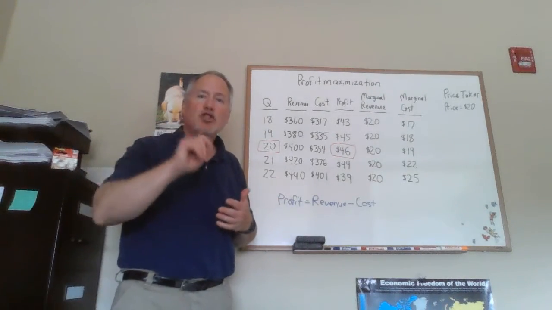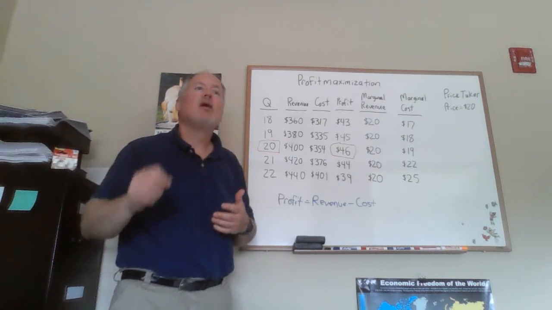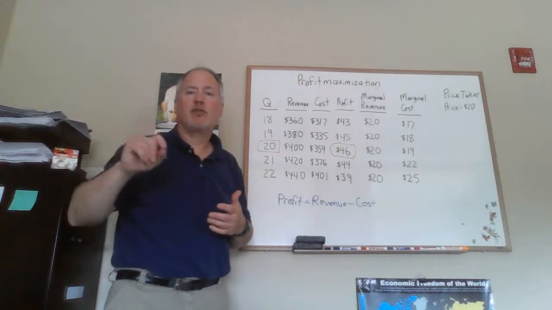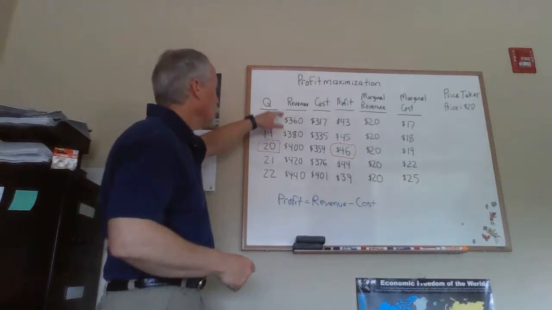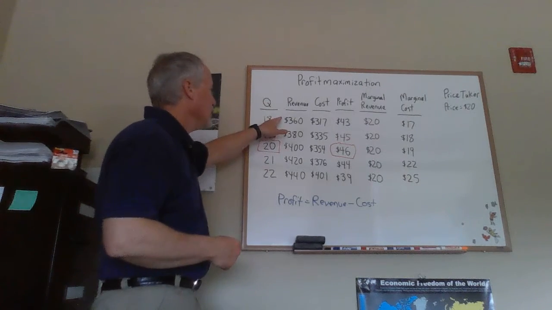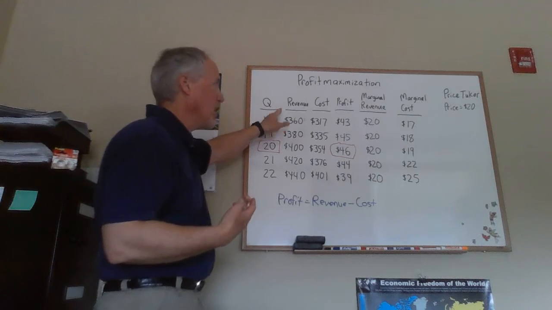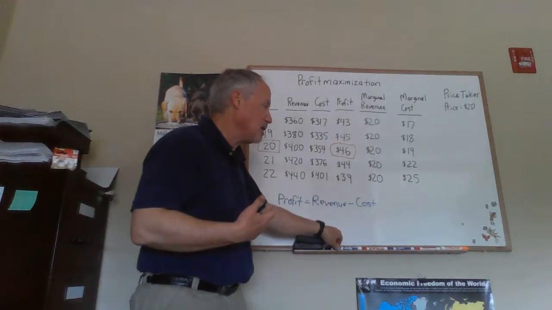Marginal revenue is the change to revenue when you sell one more unit of the good. Marginal cost is the extra cost of producing one more unit of the good. So marginal revenue is just, in each case, as we change the quantity here, the extra revenue you get from selling one extra unit. For a price-taking firm, the marginal revenue is exactly equal to the price.